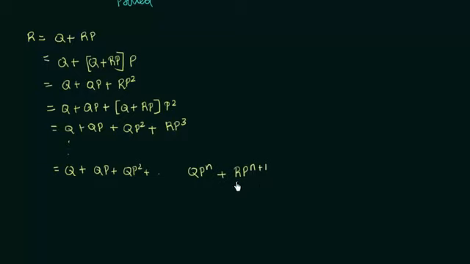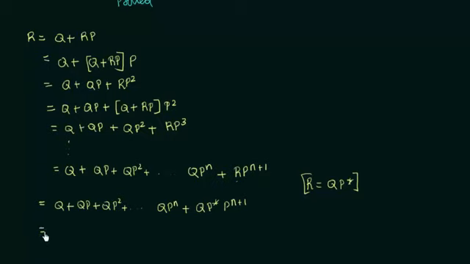Okay, now we see that we still have an R here, and this R, let me replace it with R equal to QP star. Let me replace it with this term in this equation now. So I get Q plus QP plus QP square plus goes on up to QP to the power n plus, instead of R I will put QP star and P to the power n plus 1.